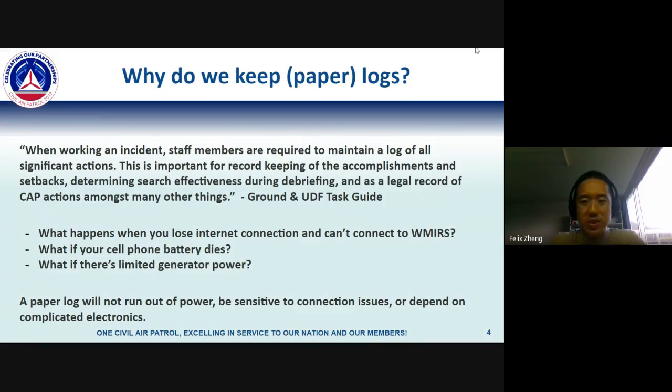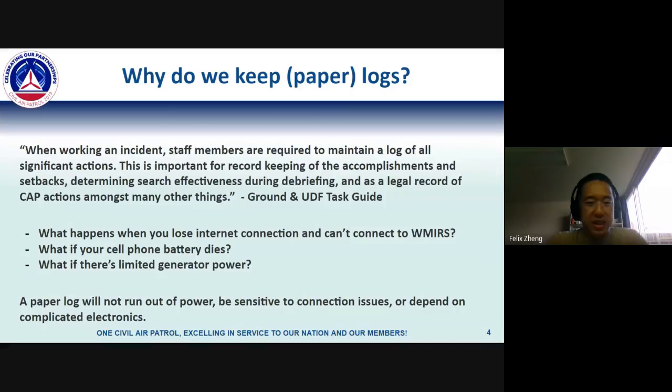You might be wondering why we want to keep paper logs in this day and age. We can just enter things into WIMMERS or use Google Docs or something like that that can make our lives a lot easier. But the Ground and UDF Task Guide basically tells us that logs have to be kept for a variety of reasons.